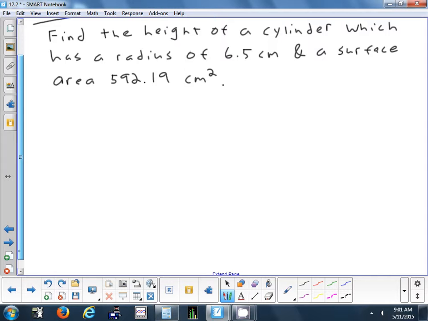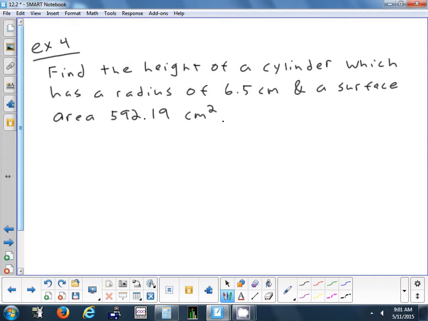All right, so let's see if we can set this up because they didn't give us a picture. It says to find the height. The radius is 6.5, surface area is 529.19. Connor, what's the formula for my surface area again, for a cylinder? 2 pi r squared. That's good.